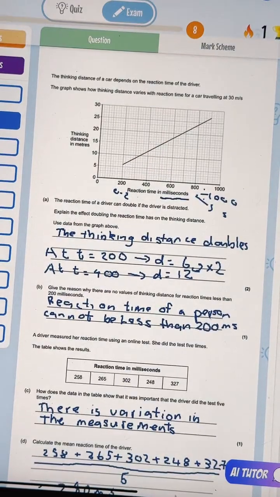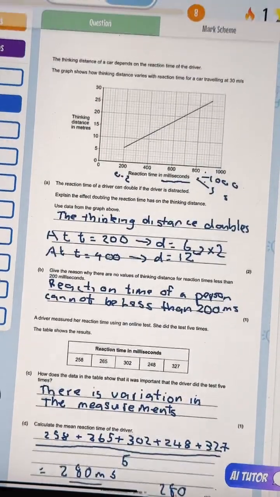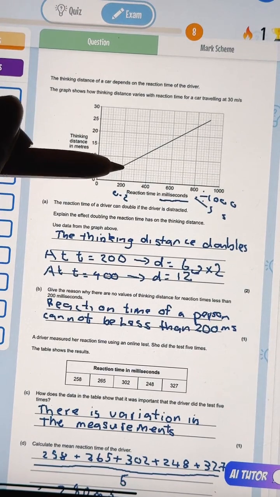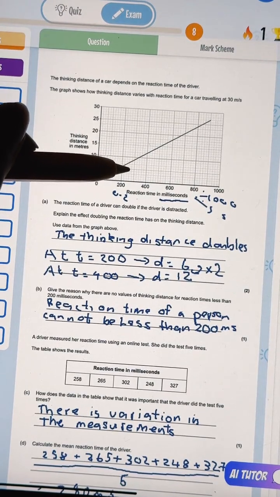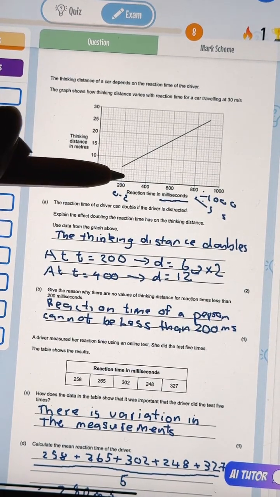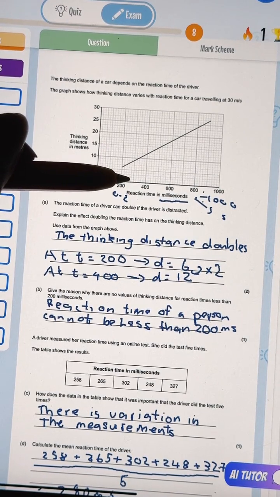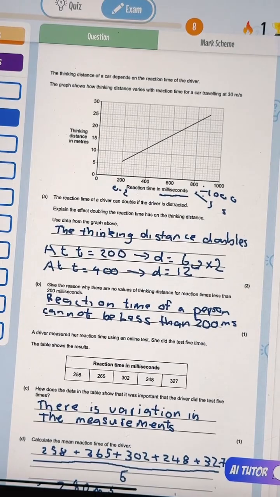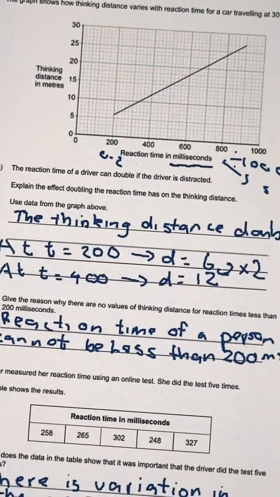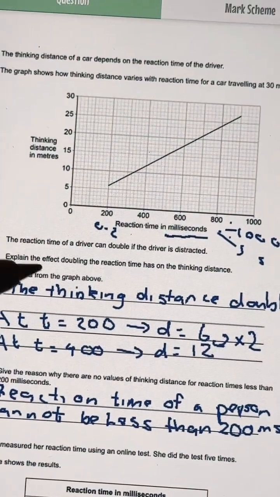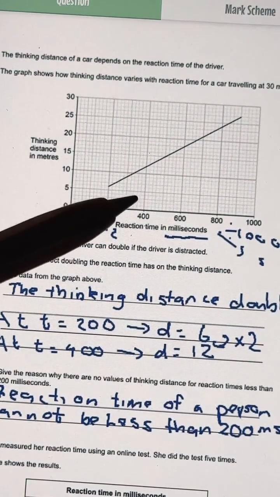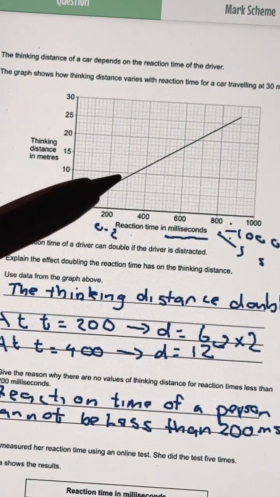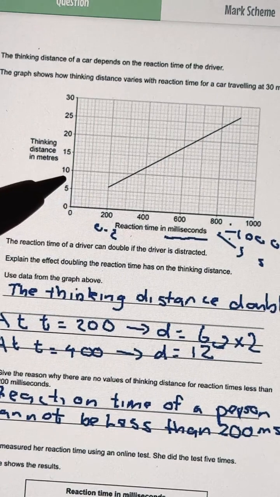If we've got 280 milliseconds, we go onto the graph. 280 is probably 1 square just before 300. Every division is 20 milliseconds, so it'll be the 4th square along. And we go up there. If I zoom in a little bit more, you can see that 280, which is here, goes to maybe 2 squares before 10.